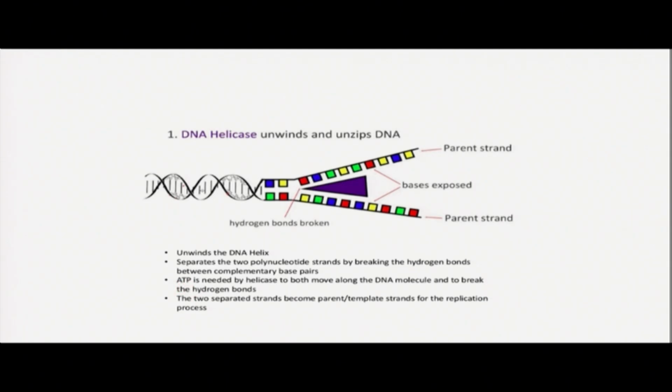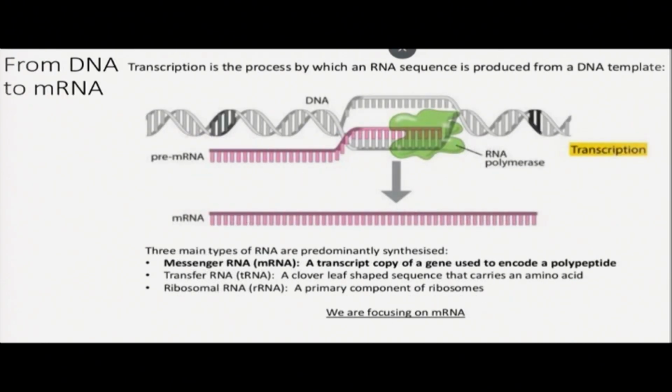And once that is over, the question is, what exactly do we get? From the DNA to the mRNA as transcription, what are the requirements? Is it the only mRNA we talk about?